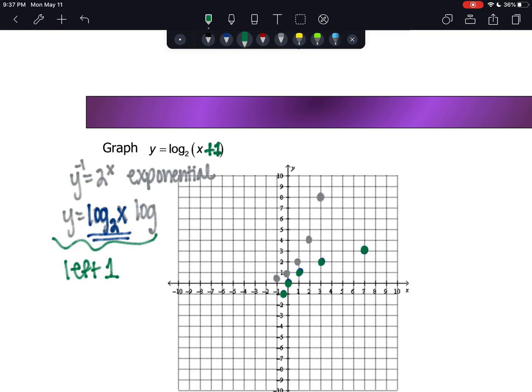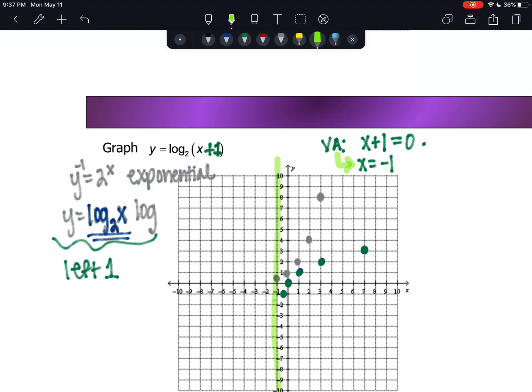And then we're going to say, where is my vertical asymptote? What's my domain? So your vertical asymptote, set x plus 1, your argument, equal to 0. Therefore, x equals -1. So that's your vertical asymptote.